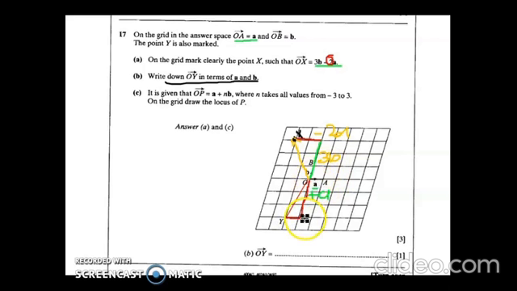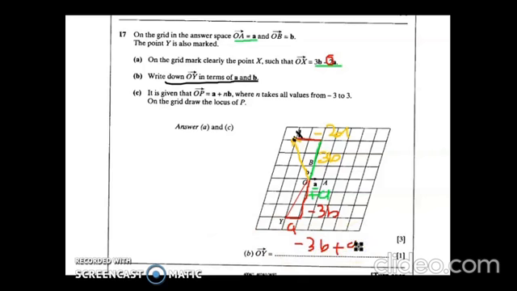So now I'm coming down. When I was going up, B was positive. So I'm going down 3 units, 3 boxes. So it will be minus 3B. And then I'm going to the left. When I was going to the right, A was positive. So here A will be negative 1. Just one box. So OY is minus 3B plus A.